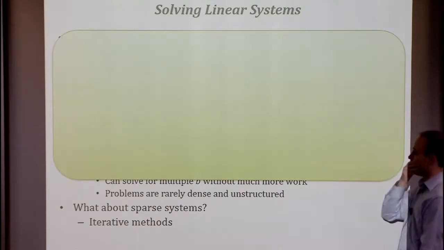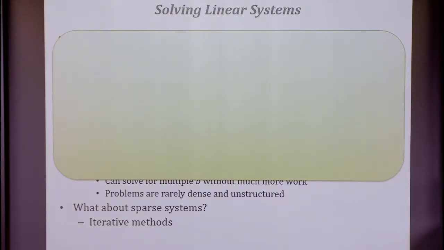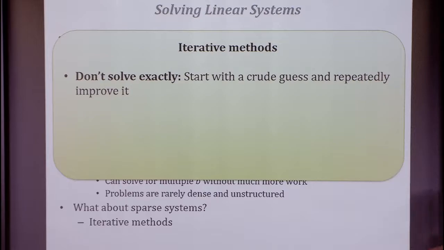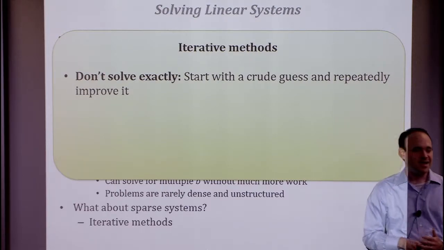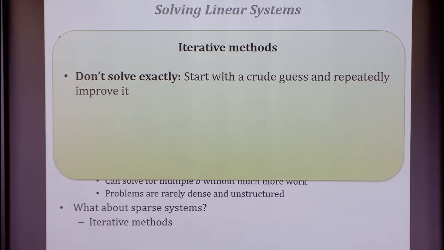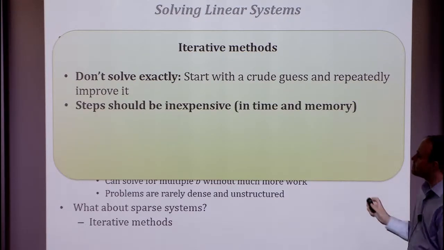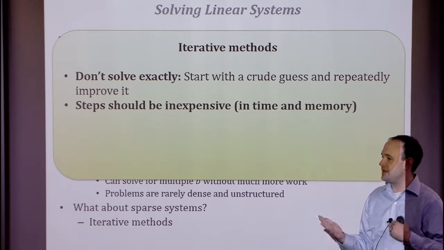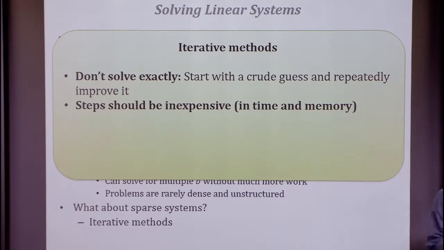So I guess there are many ways one could broadly define iterative methods. For this, I'm just going to think of it as anything that's iterative. So the idea is instead of trying to exactly solve something like Gaussian elimination or LU, where you're in this infinite precision world just exactly solving the system, here you start with a crude guess and repeatedly improve it. Ideally, your steps will be very cheap, both in time and memory, so you don't want to write down the whole matrix every step.